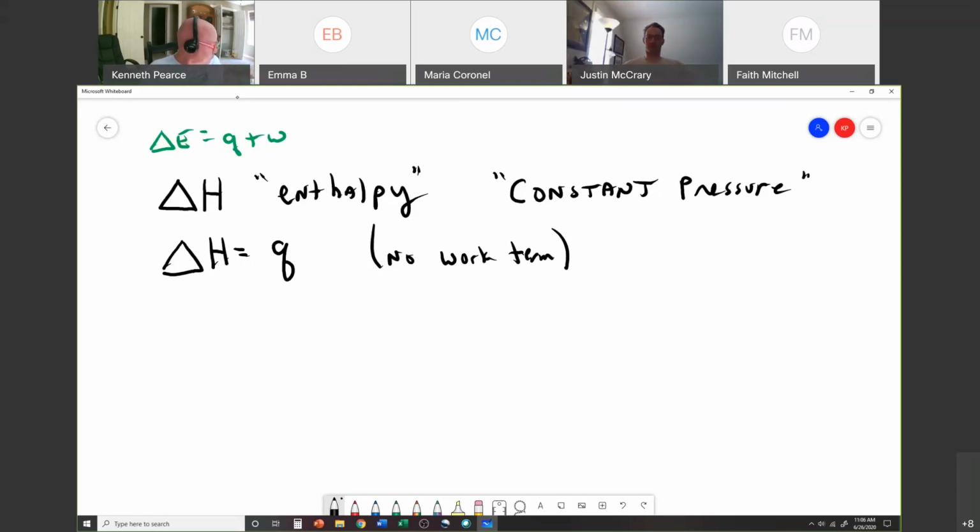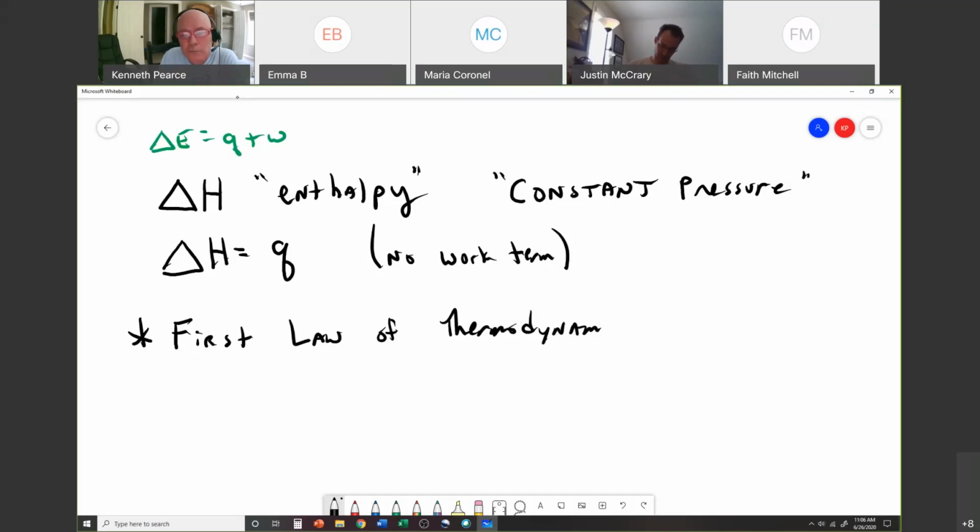Okay. Now, before I go into what we can do with enthalpy, first off, I want to put up here something called the first law of thermodynamics.